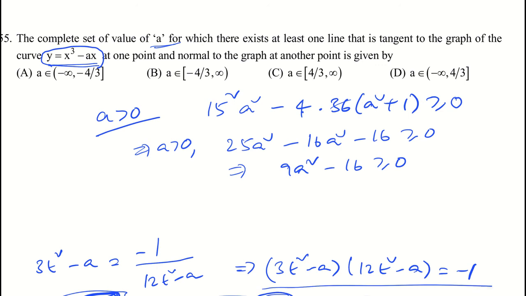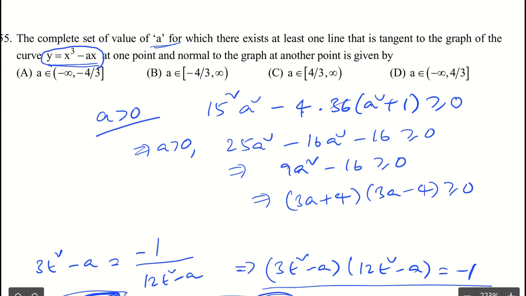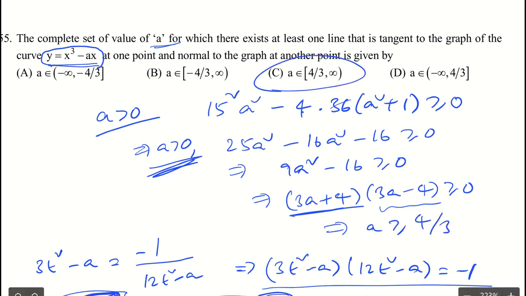You can see that the roots are plus or minus 4 by 3, or let me write like this. It's 3a plus 4 into 3a minus 4 is greater than or equal to 0. Now with a greater than 0, this is positive, therefore this must be greater than or equal to 0. So I'll get a is greater than or equal to 4 by 3. That means a belongs to closed 4 by 3 to infinity.